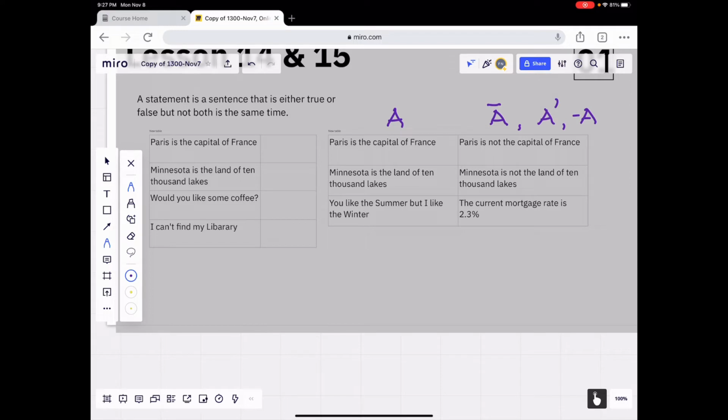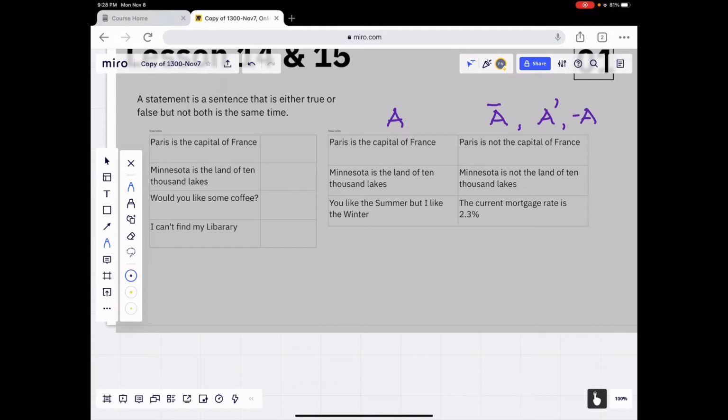You can use any of the three to indicate the negation of a statement. If you do the assignment, it's very hard to type the bar, so if you type in Word, just use A apostrophe or negative A, representing the negation of the true statement. In Boolean algebra, we call that a not gate. Minnesota is the land of 10,000 lakes. It's not the land of 10,000 lakes.